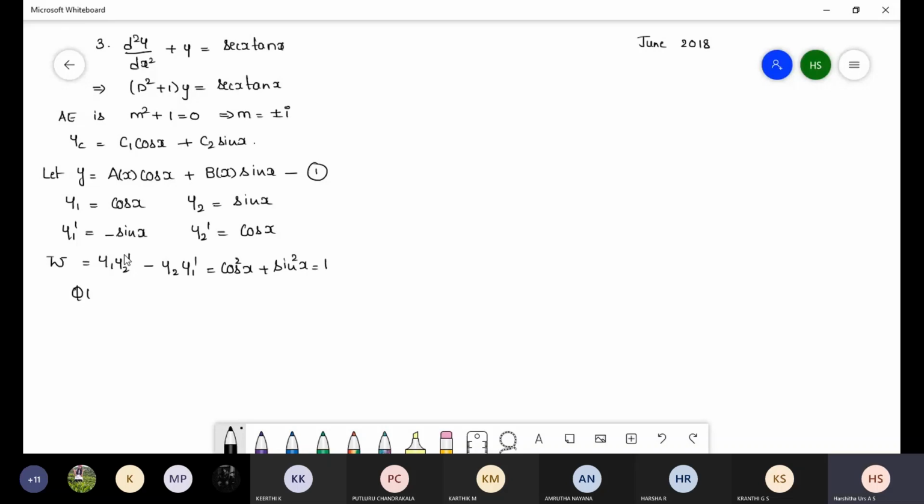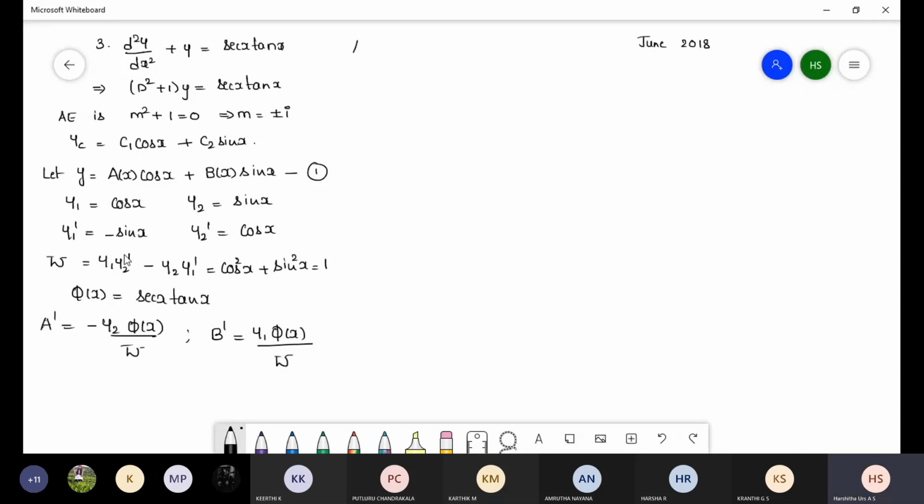Phi of x, here we have secant x into tan x. Next, a dash is equal to minus y2 phi of x divided by w, b dash is equal to y1 phi of x divided by w.